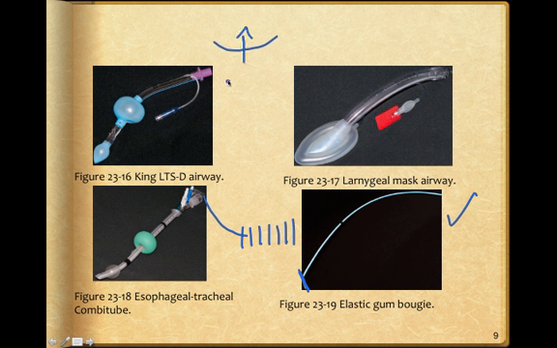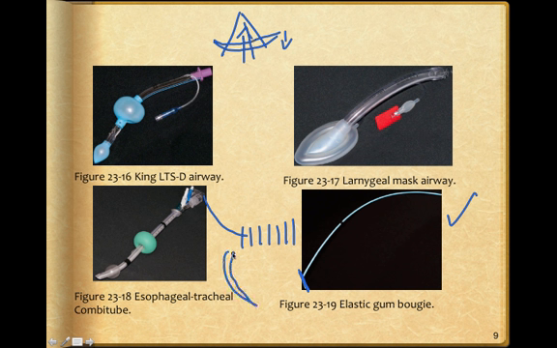Anything anterior to the arytenoid cartilage means that we have the tube in the right location. So if we can't visibly see the airway, and we can only see about this much of it, and this part down, what we can do is we can use a gum elastic bougie. It's already kind of curved, and place it into where we think it is, and kind of run it up and down a couple of times.